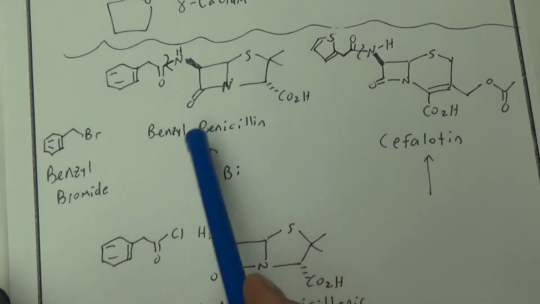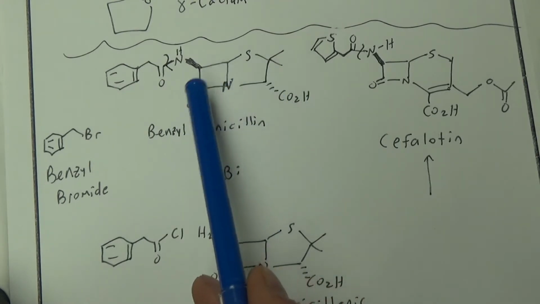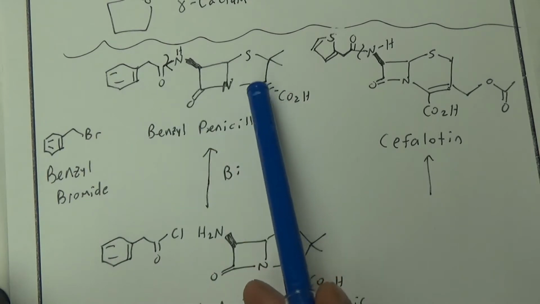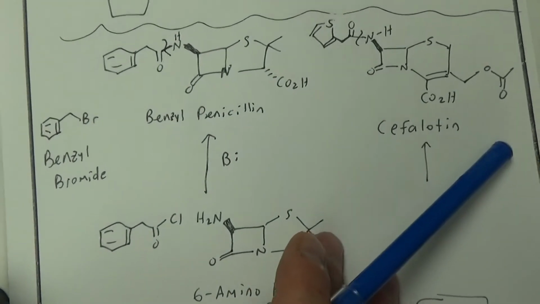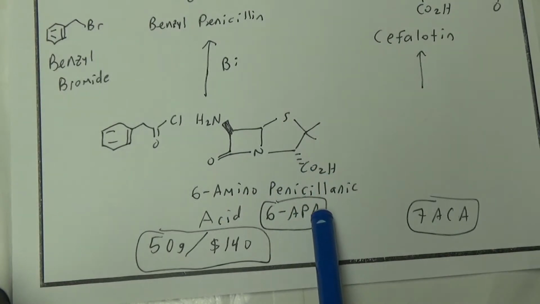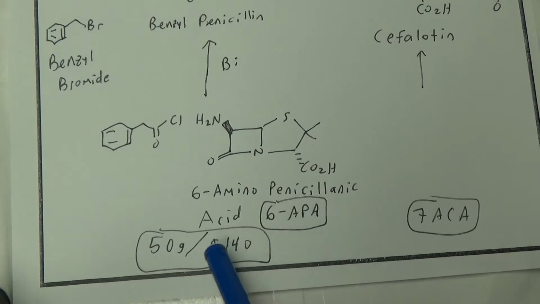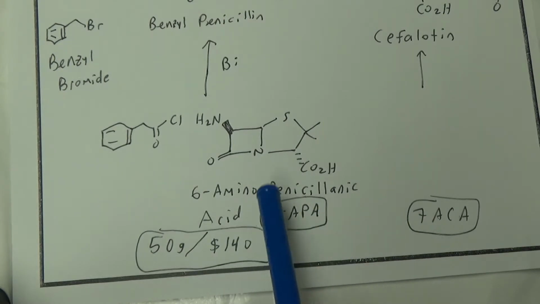So we talked about benzoyl penicillin, and what's cool about these is that you can basically build it in a single step from a very widely available molecule called 6-APA, or 6-aminopenicillanic acid, which is 50 grams for $140, so relatively cheap.